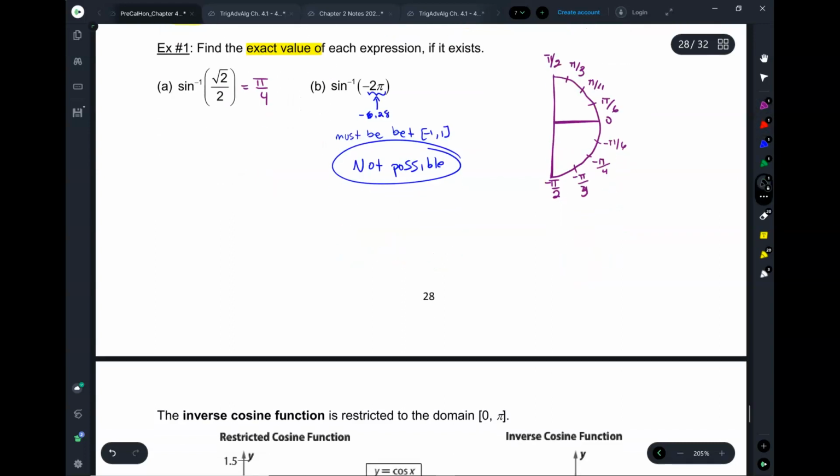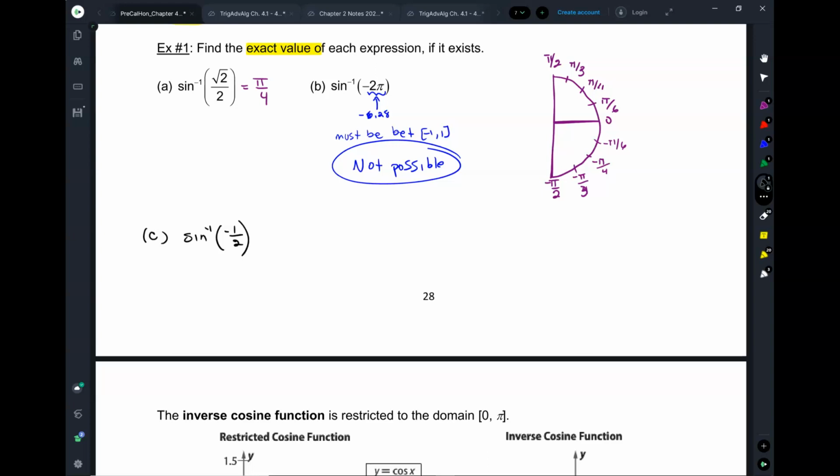Let me give you some more examples here. Part C. Why don't we do inverse sine of negative a half? Where is sine equal to negative 1/2? For what angle? 2 pi over 3. Is 2 pi over 3 in that domain? No. Sine of pi over 3 is root 3 over 2, so that's not the one.